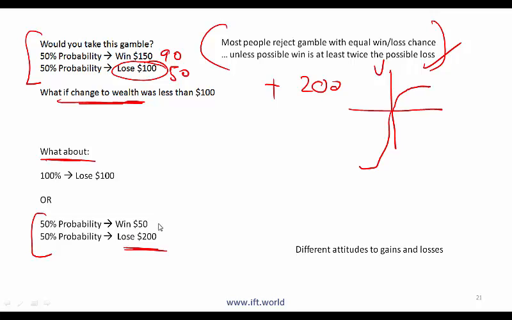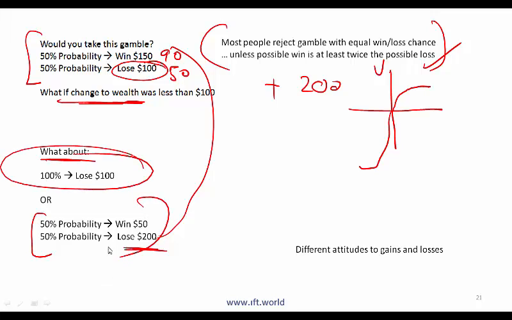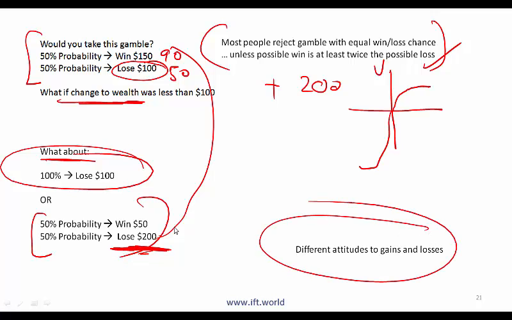So here, even though the expected value is the same, most people will prefer this, because they just don't like the fact of being 100% sure that they will lose 100. Here there is at least some chance that you will make some money. So people grab onto that chance, even though there is this ugly scenario of losing 200. So the bottom line is that there are different attitudes to gains and losses.